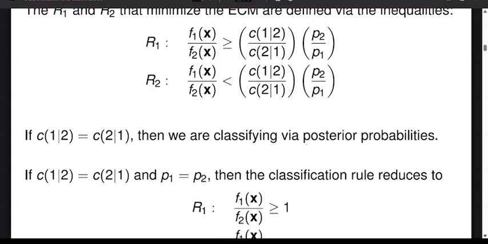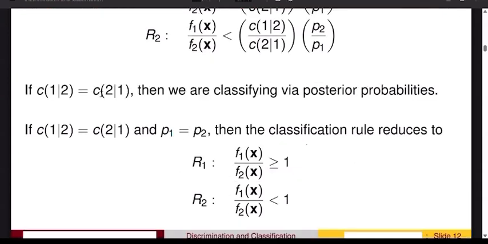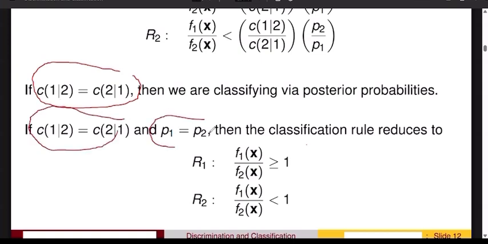But what of a situation, if you take a look at what I just talked about here, when the costs of misclassification are the same, we're actually going to use posterior probability. But what if the costs are the same and even the prior probabilities are the same?